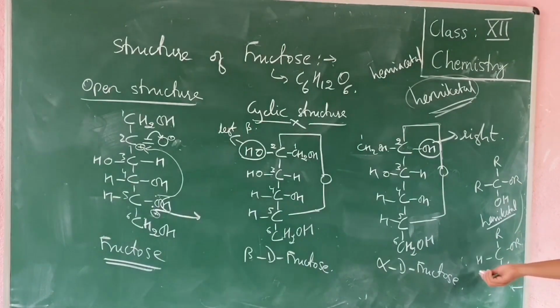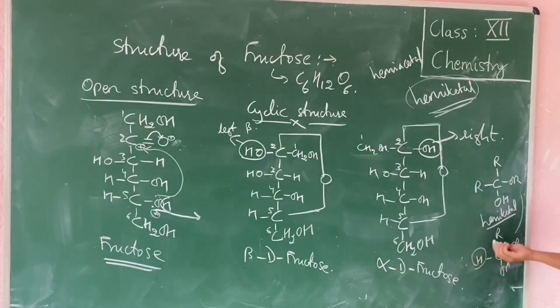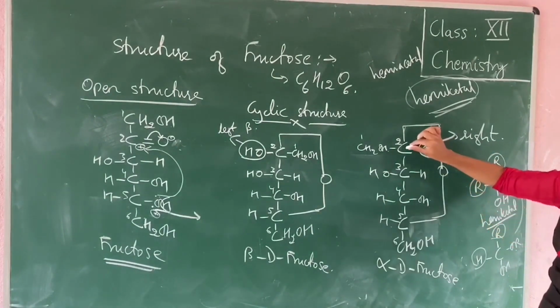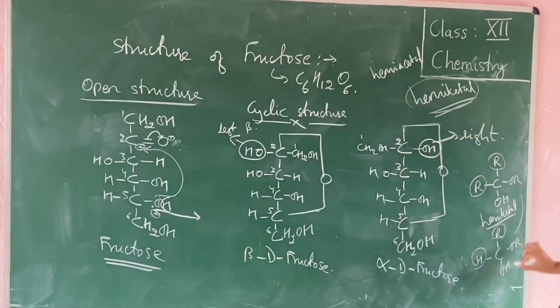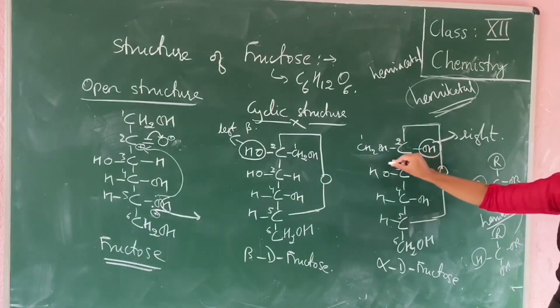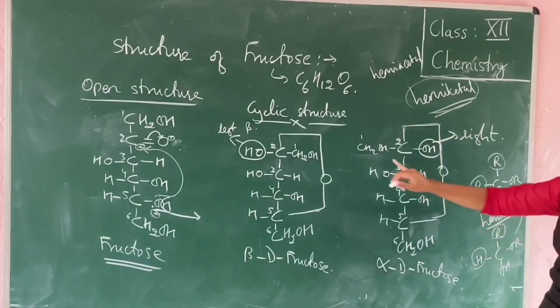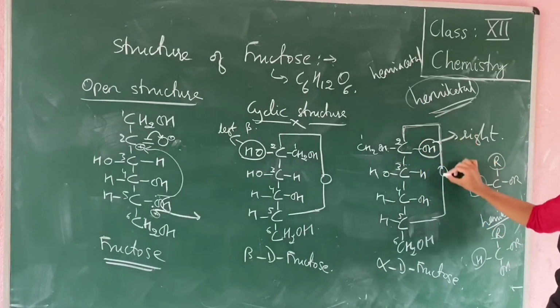In the case of hemiacetal, you have hydrogen, one R, OR, and OH, whereas in the case of hemiketal, you have two R groups. So in this case also, this is the carbon which has a OH group, and this is the R group, and this is the again another R, and then you have your OR.